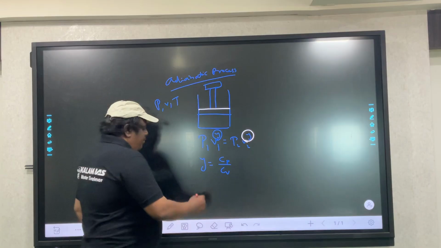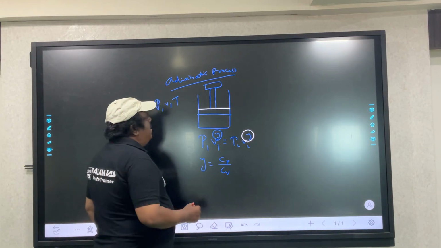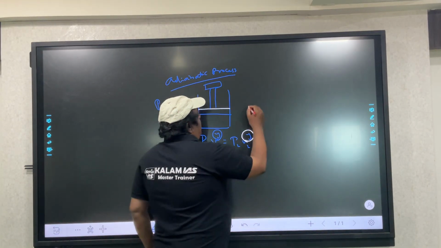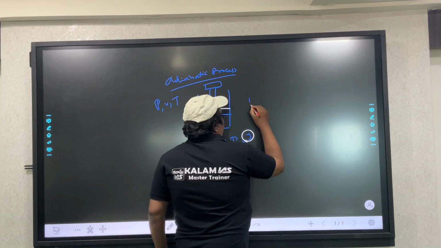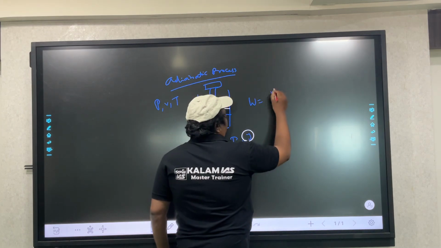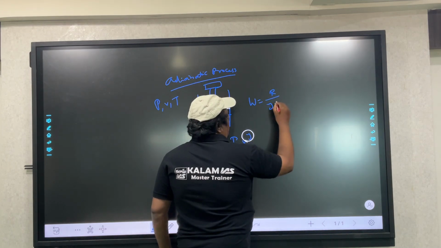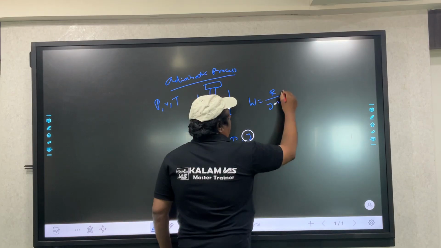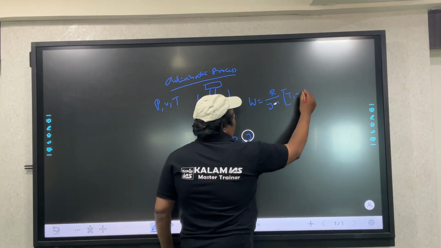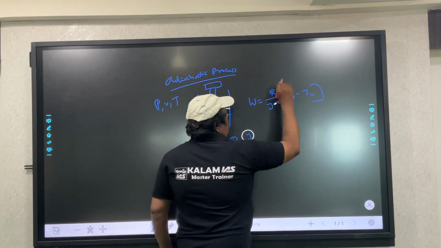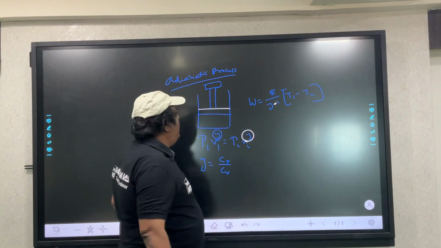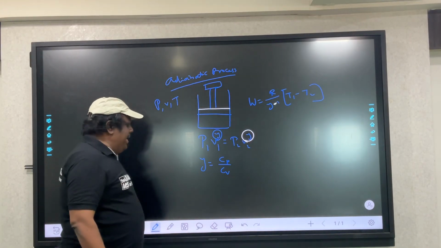Okay. What is the work done in an adiabatic process? W is equal to R by gamma minus 1 into T1 minus T2. This is the formula to find work done in the case of an adiabatic process.